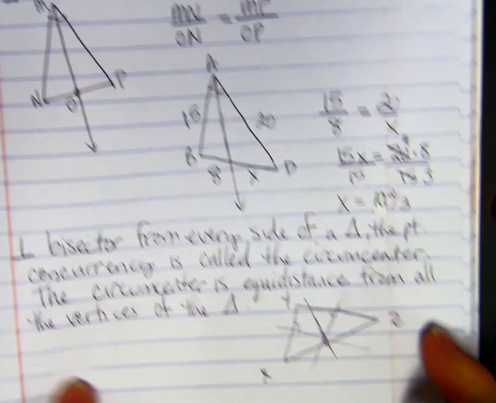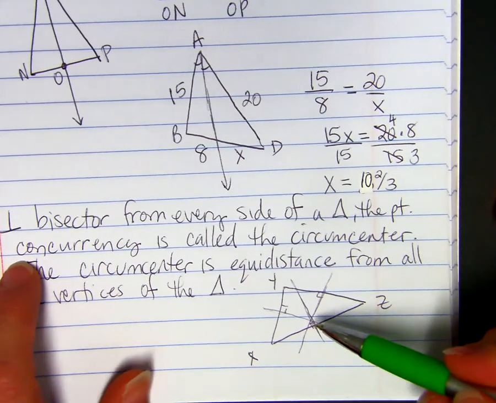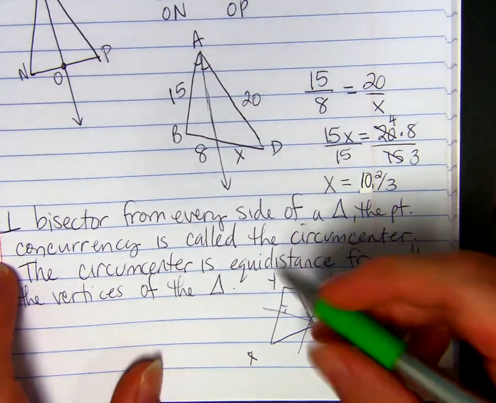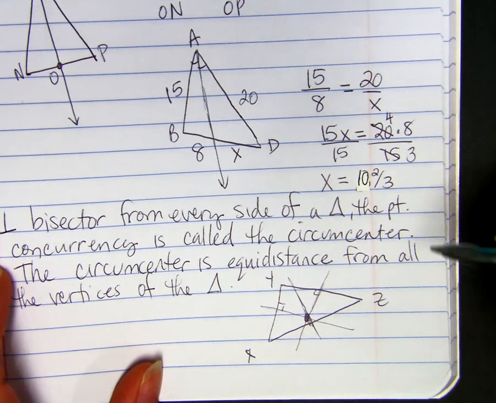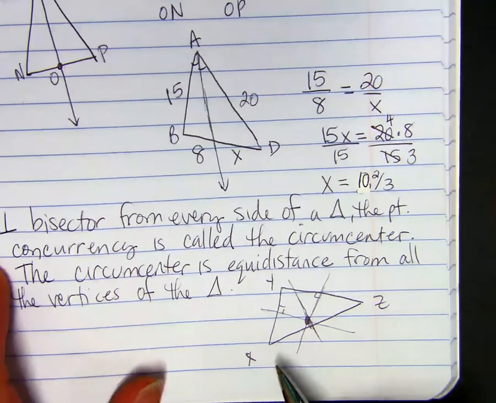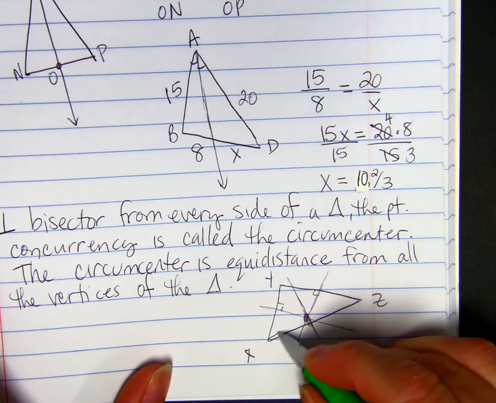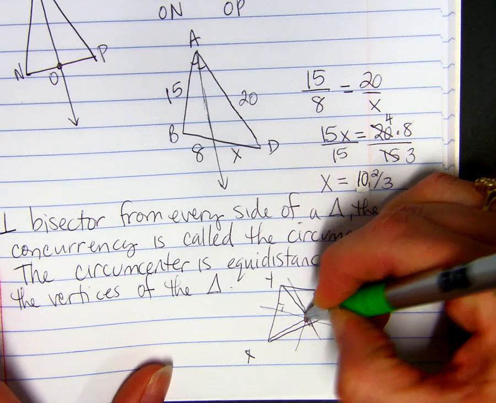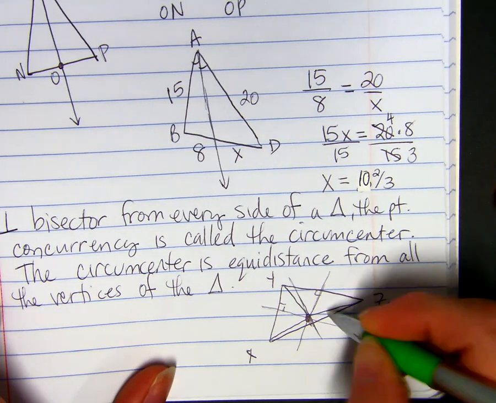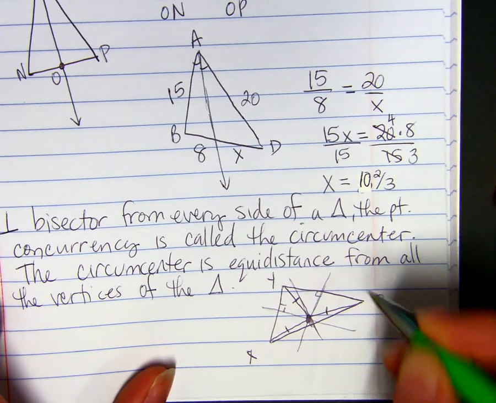So this is just a rough drawing of perpendicular bisectors. Notice that they don't go through the vertices at all. But if this is the circumcenter, it's basically saying that the distance from each vertex to the circumcenter will be the same. So this will be congruent to that and that.